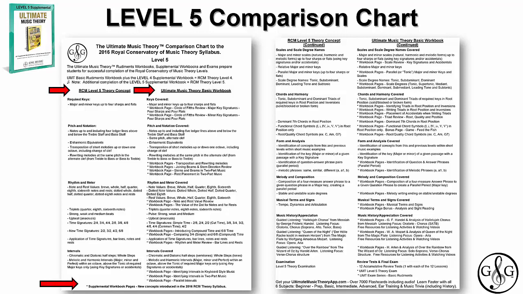At the bottom, you'll see the little star, and the supplemental workbook pages are indicated with a star as the new concepts introduced in the 2016 RCM theory syllabus. Now, these concepts are reviewed in the analysis pages.